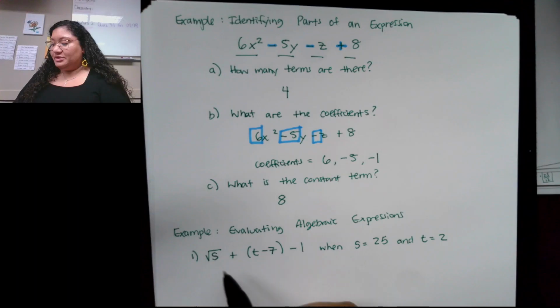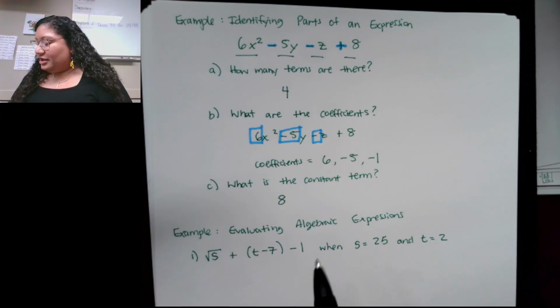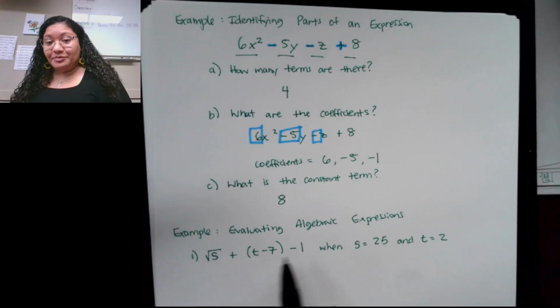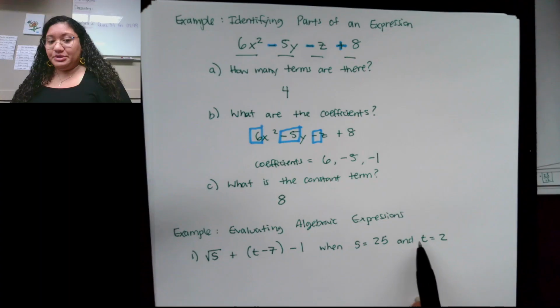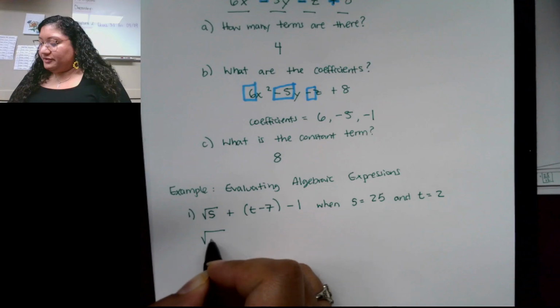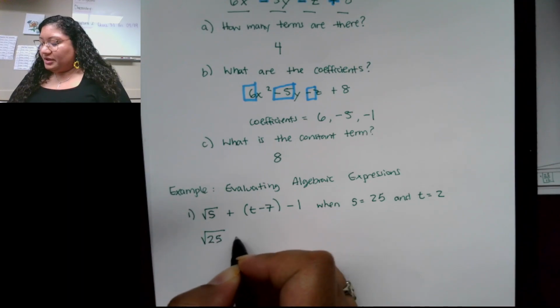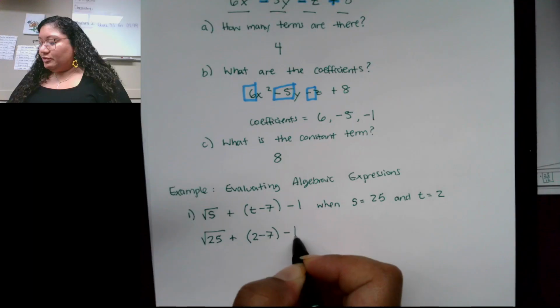We substitute them. We plug them in, right? So let me plug it in. Wherever I see an s, I'm going to put 25. Wherever I see a t, I'm going to put 2. So I got square root of 25 plus 2 minus 7 minus 1.